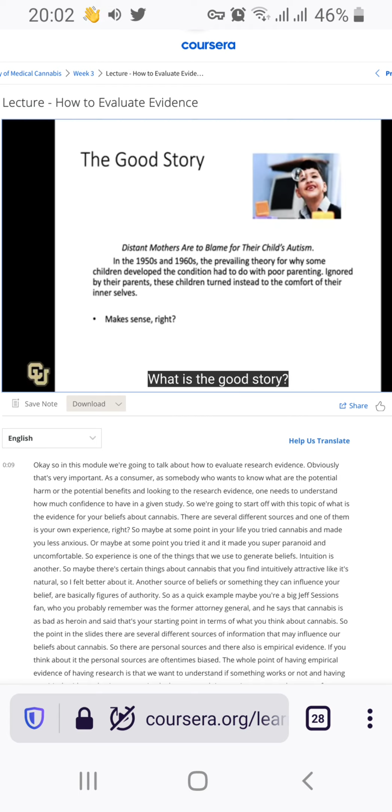So what is the good story? Well, here's an example. In the 1950s and 1960s, the prevailing theory for why some children develop the condition of autism had to do with poor parenting. So basically, the story was poor parenting led to autism.